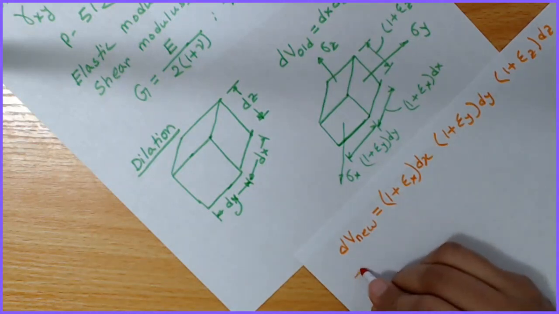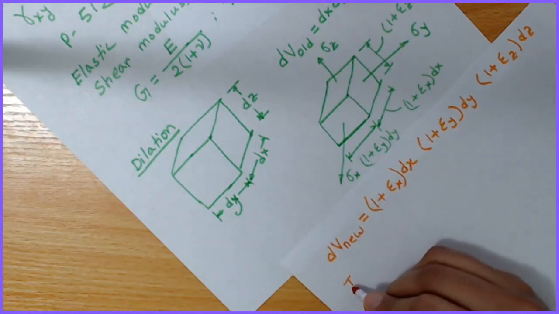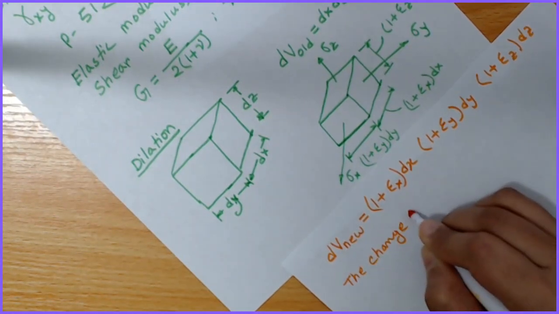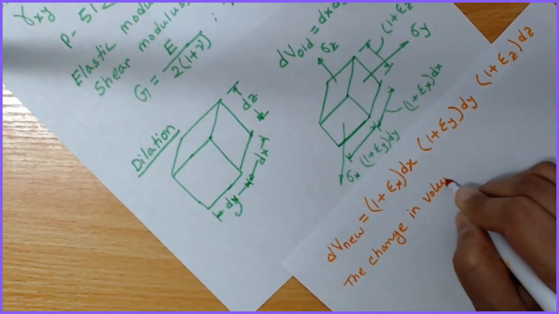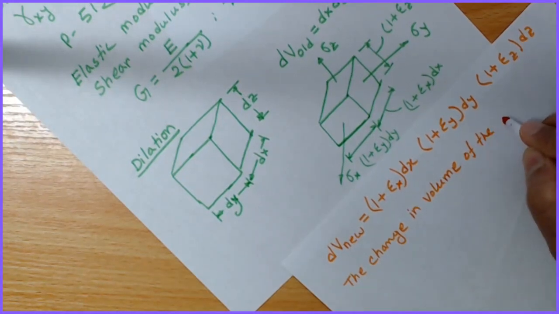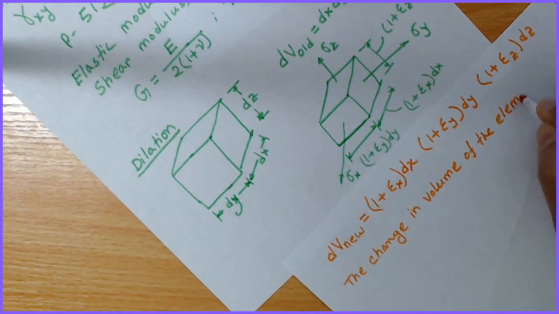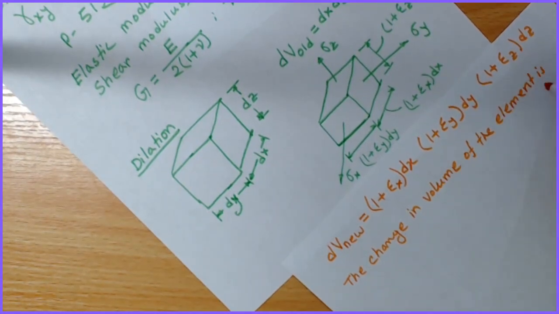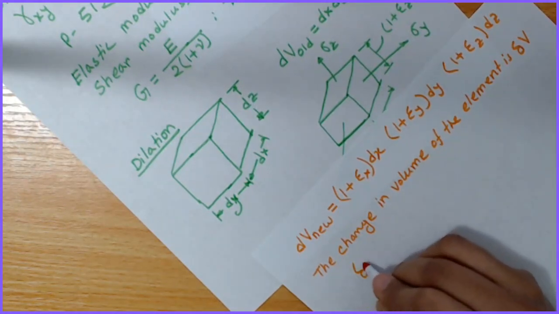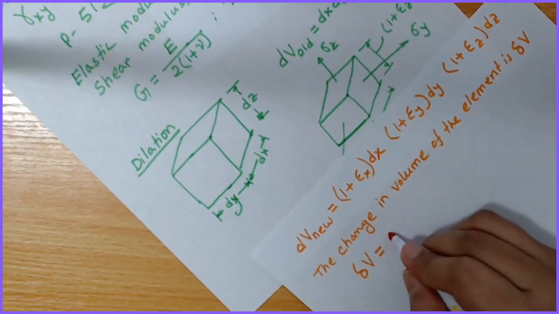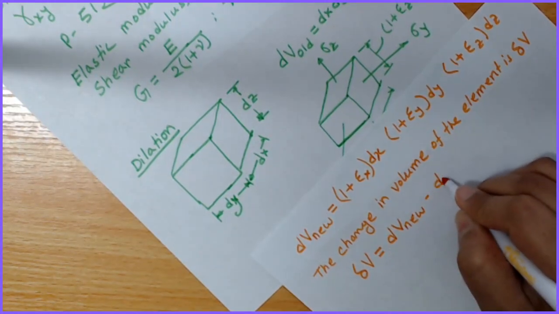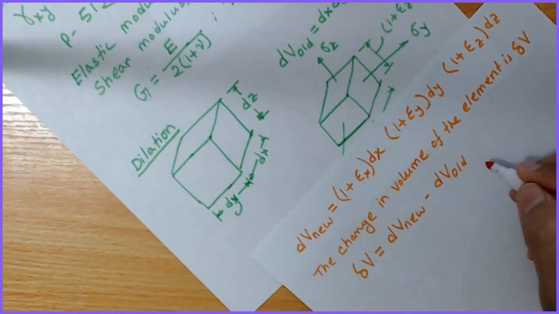Now the change in volume of the element is delta V, and this delta V is nothing but dV new minus dV old.